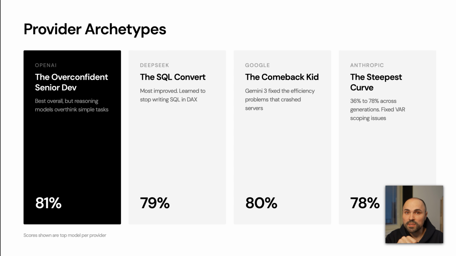Now, DeepSeek, on the other hand, took the biggest leap from the earlier models they released to the latest models. The early models I tested tended to produce a mix of DAX with SQL, which means they would often confuse which language they're supposed to write in, or that SQL was prevalent in their training data.